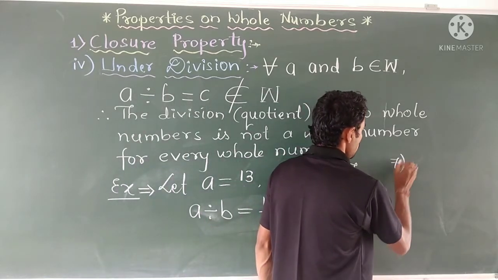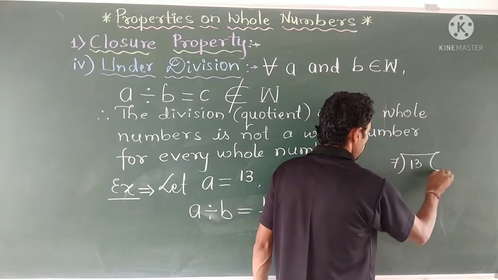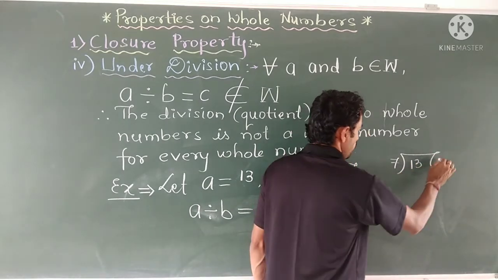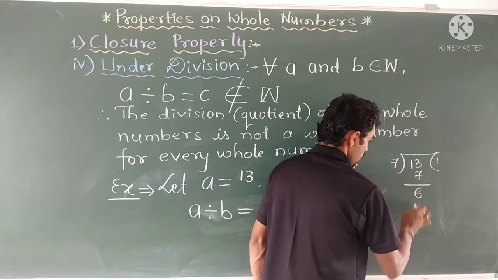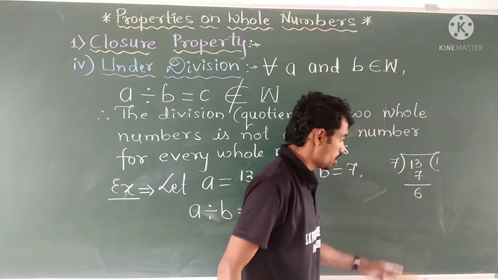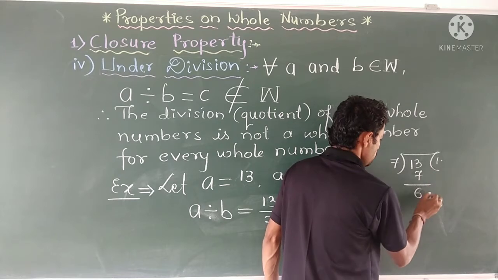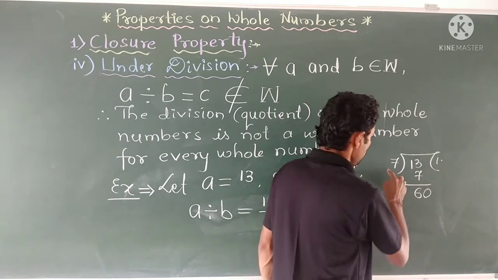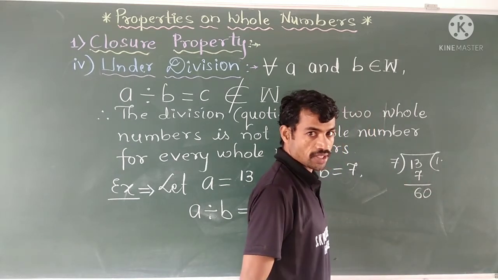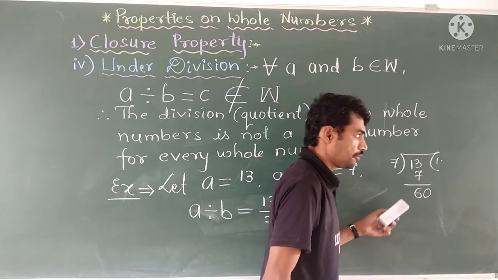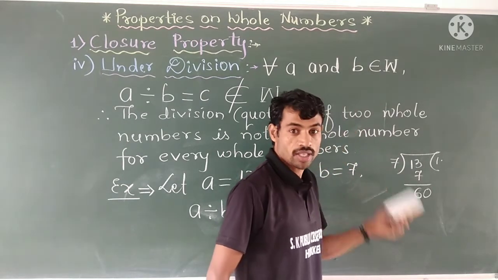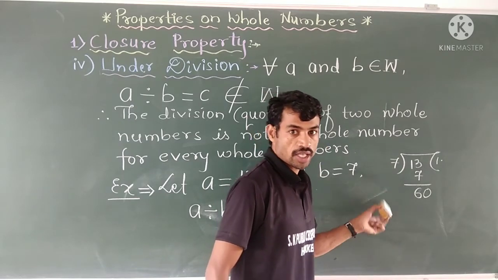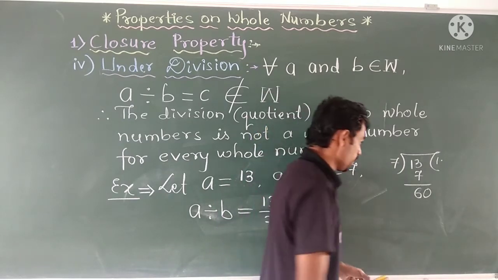So division of 13 by 7. 7 ones are 7, so how much do you get? 6. Yes, 6, then 0 you take. 7 4s are 28, 7 5s are 35, 7 6s are 42, 7 7s are 49, 7 8s are 56.